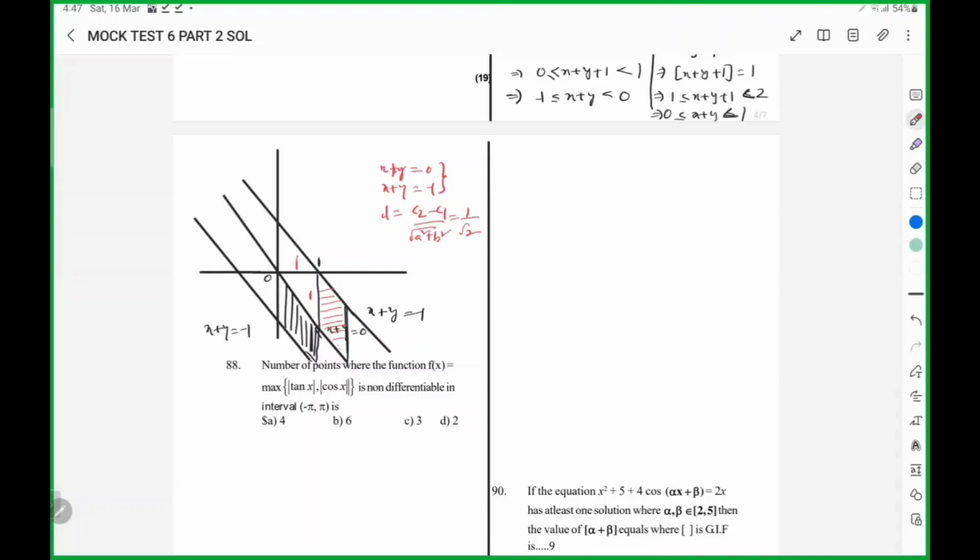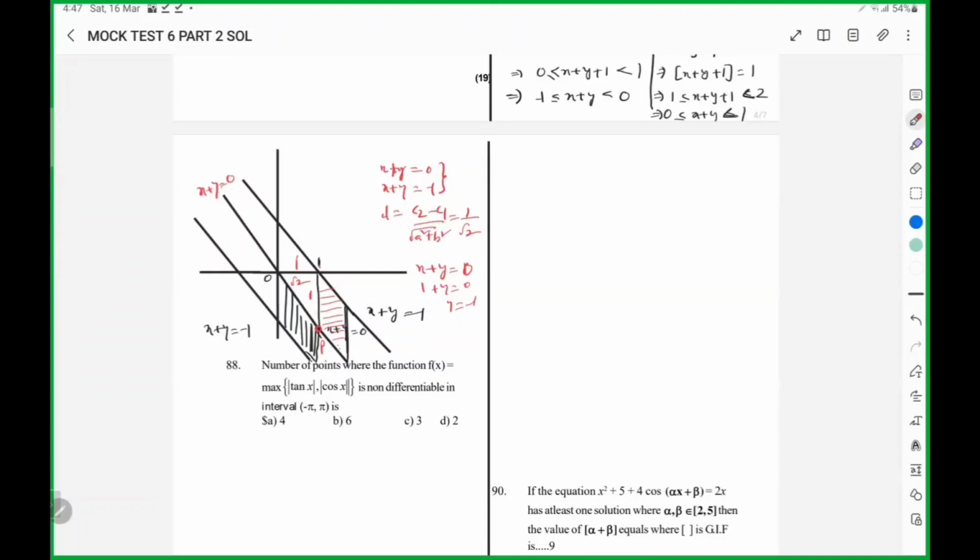How do we know this line is x plus y and x is 1? This line equation x plus y is 0. When x is 1, y will be -1. So OP length will be root 2.